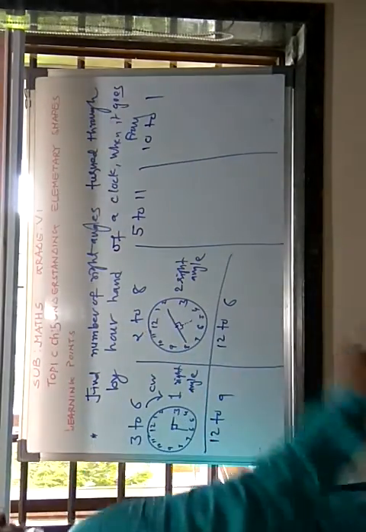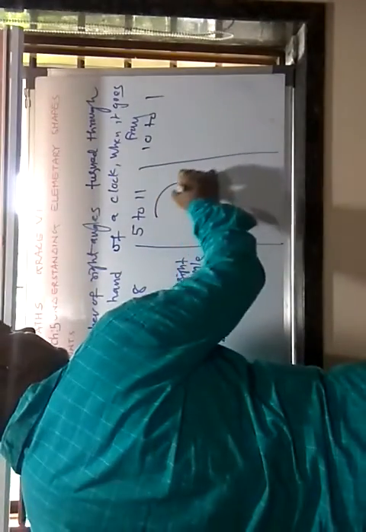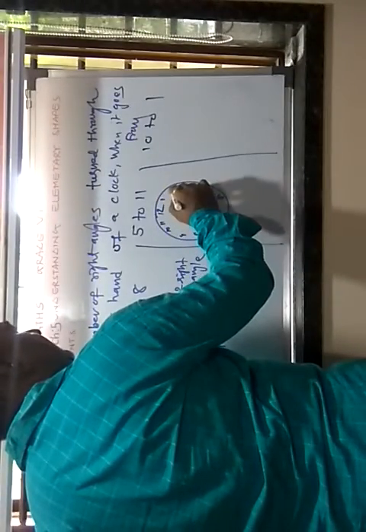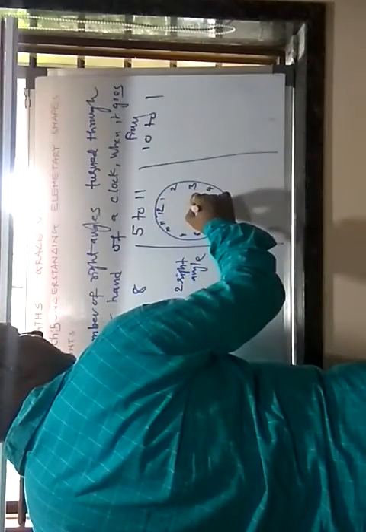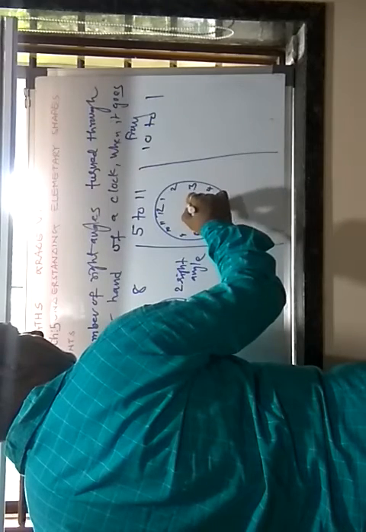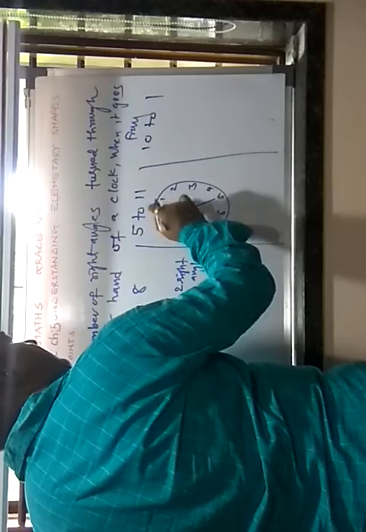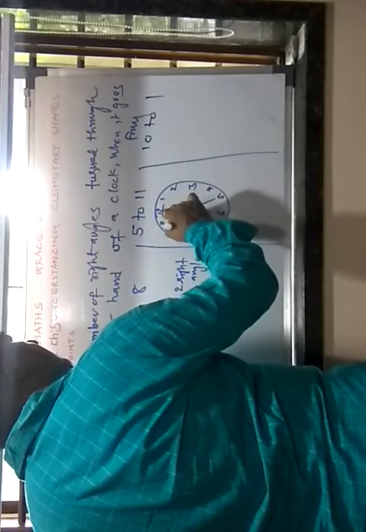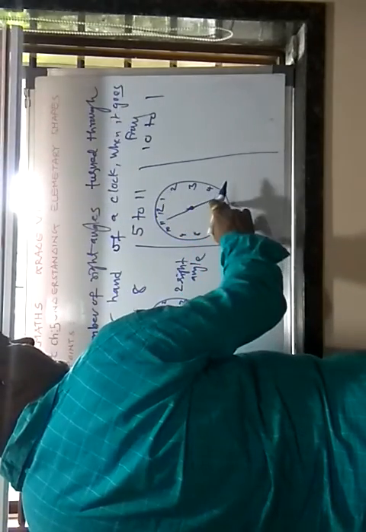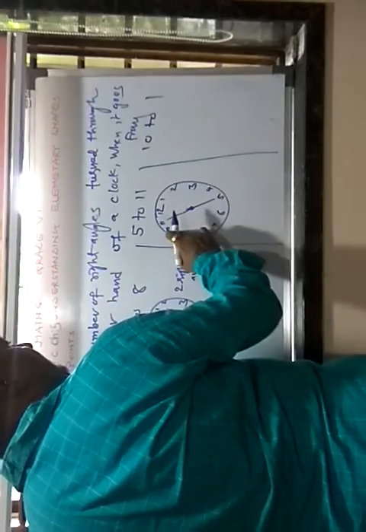1 and 2. 5 to 11. 5 is here. 5 to 11. 5, 10, 15, 20, 25, 30.